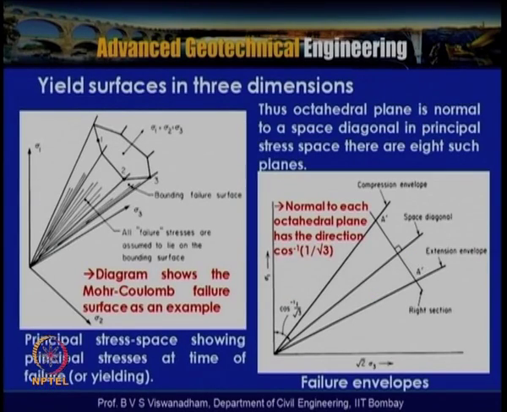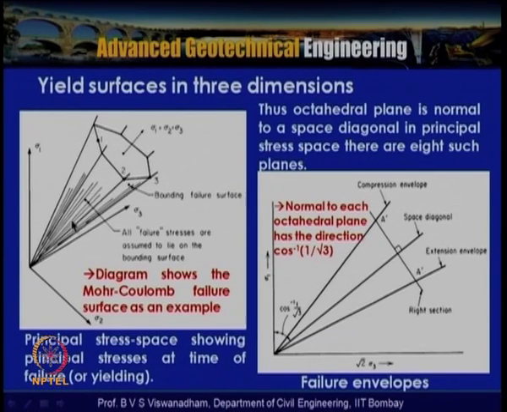Now here the yield surface in 3 dimensions is shown, with sigma 1, sigma 2, sigma 3. For example, the diagram shows the Mohr Coulomb failure surface as a hexagonal shape, and this is the bounding failure surface.